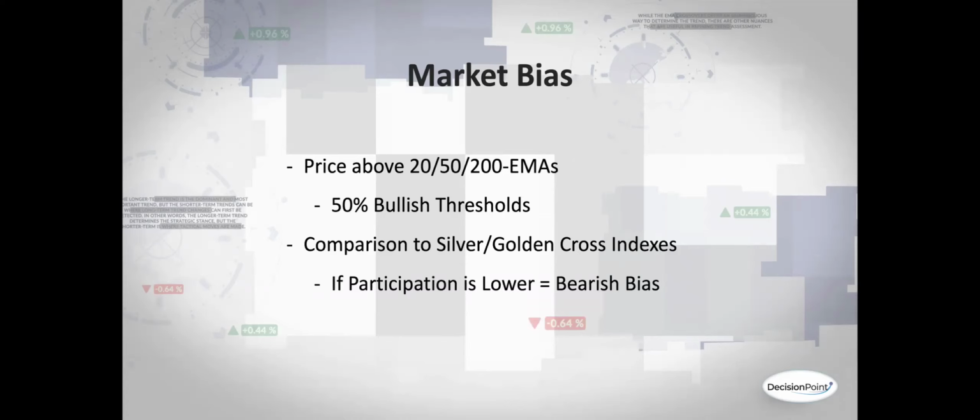So what I'm saying here is that if the silver cross is below its moving average, its signal line, then you have a bearish bias. If the silver cross or golden cross index is higher than the signal line, then the bias is bullish.